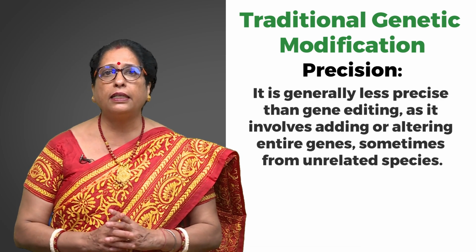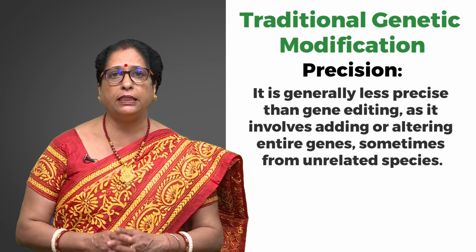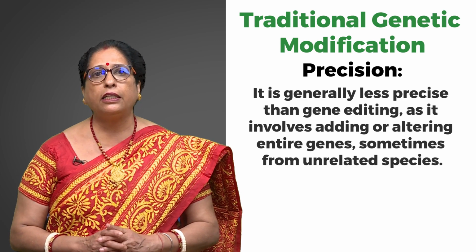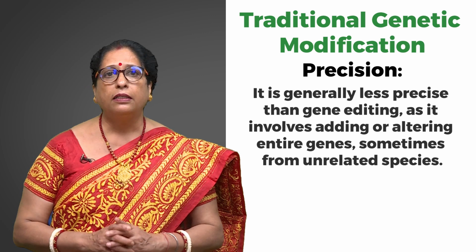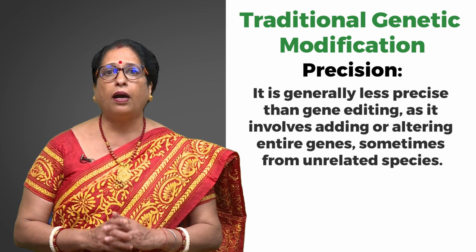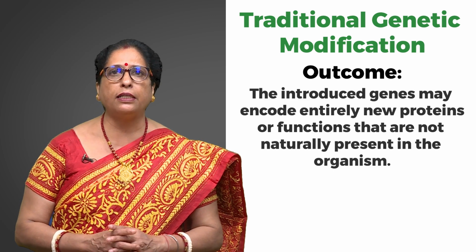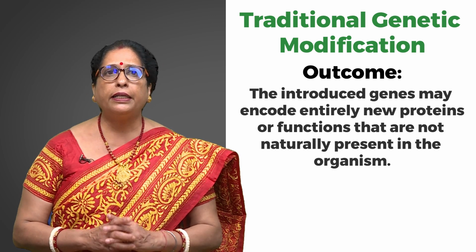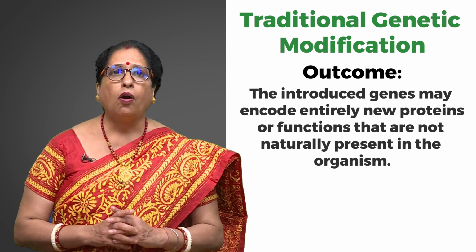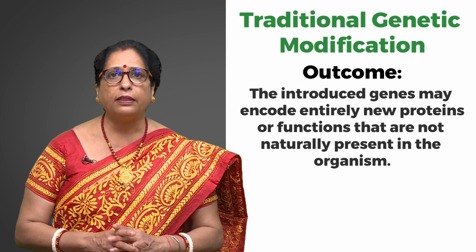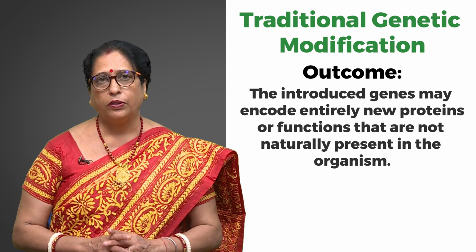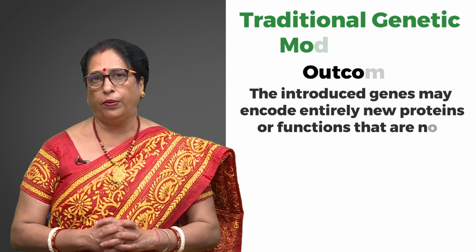It is generally less precise than gene editing and it involves altering entire genes, sometimes from unrelated species. The introduced gene may encode entirely new proteins or functions that are not naturally present in the organism. So, this is the outcome of it.